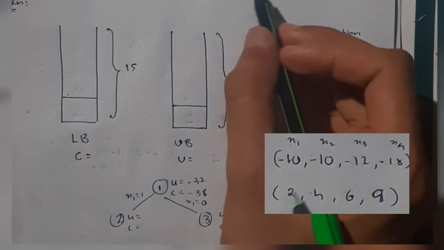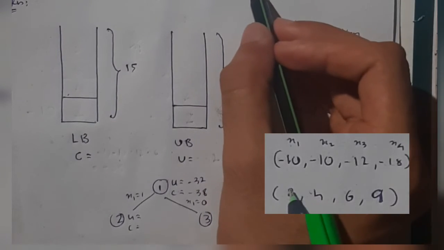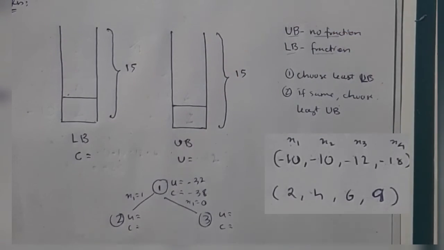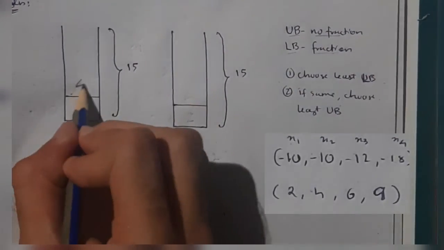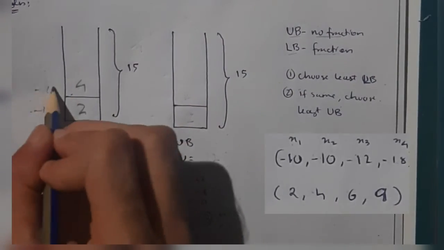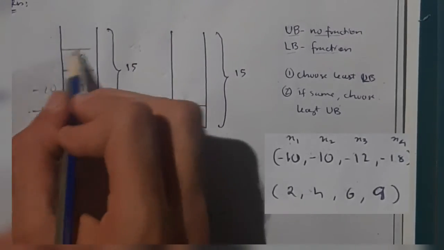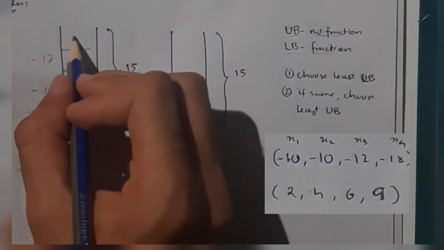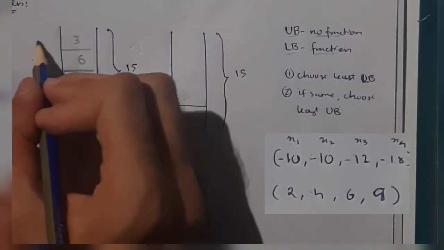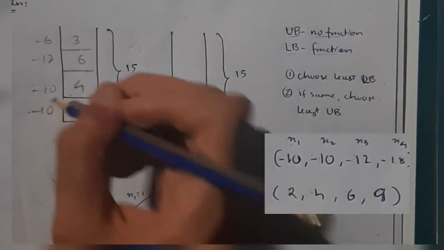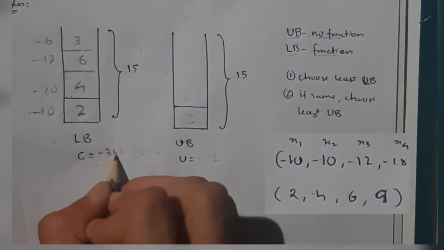In the first case, I have to include object 1 compulsorily. The first object is 2, so I'll write 2 here, and then the next object 4, the profits are minus 10 and minus 10, then 6 minus 12, and here I'll get the weight as 3, the fraction, and the profit as minus 6. So the total answer I'll get is minus 38.